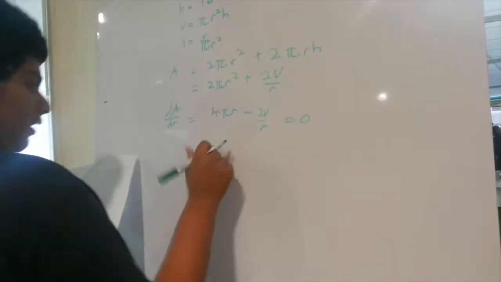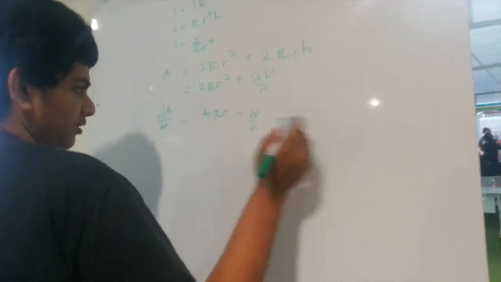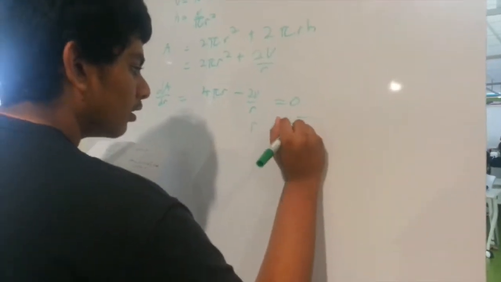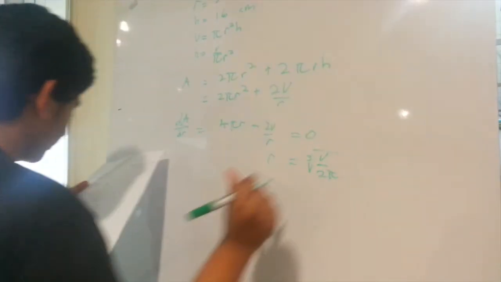If you let r stay here and move the rest over, you'll get r equals the cube root of V over 2 pi.